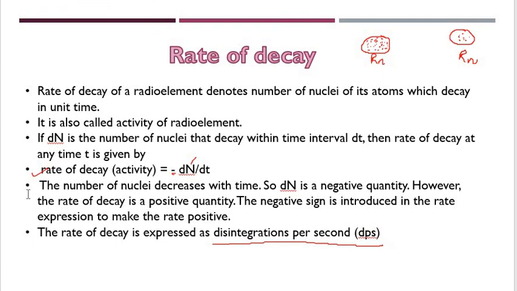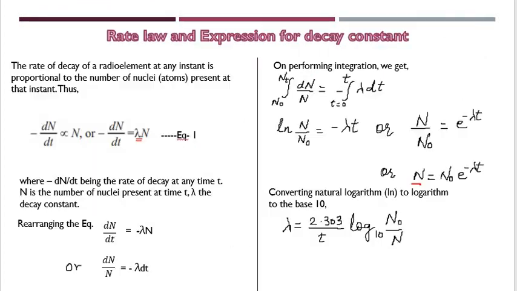Now we will see what is the rate law and the expression of decay constant. The rate law: the rate of decay of a radioactive element at any instant is proportional to the number of nuclei present at that instant. This is what I told you just now in the previous slide with the help of the diagram.